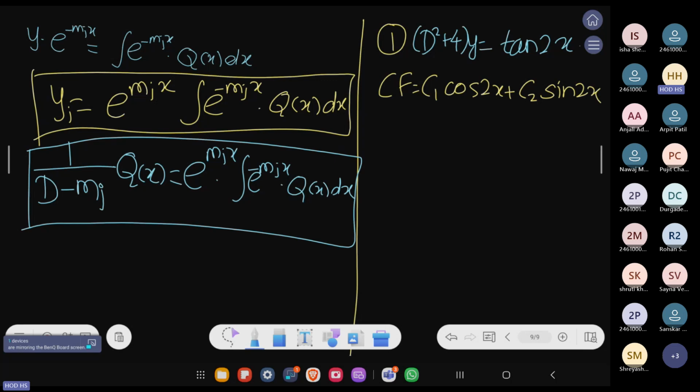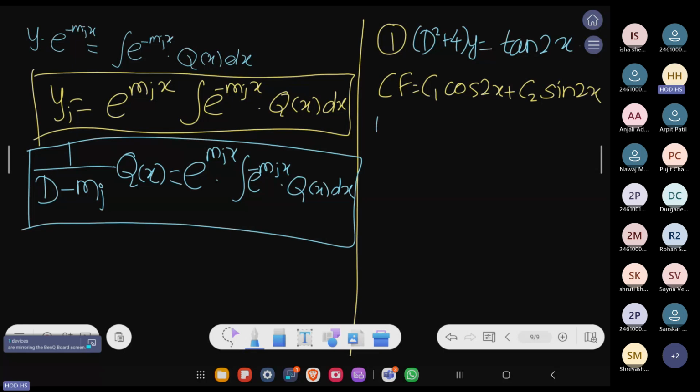If there was a real part, it would come as the exponential part: e to the power ax times C1 cos bx plus C2 sin bx. Here the value of a is 0. There is no real part in the roots. My roots were 0 plus or minus 2i. That's why my CF is given by C1 cos 2x plus C2 sin 2x.